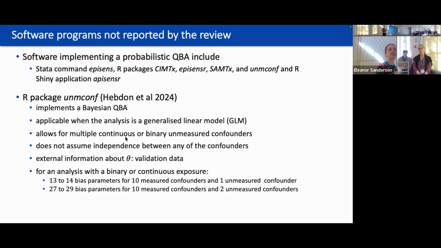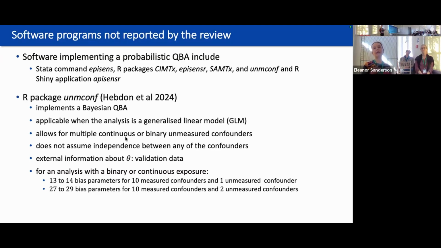The only downside I could see to this method was that it has a lot of bias parameters. So, for example, if you have an analysis with a binary or continuous exposure, and let's say you have 10 measured confounders and one unmeasured confounder, then you have between 13 to 14 bias parameters.